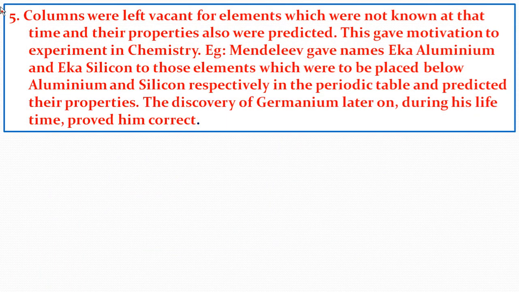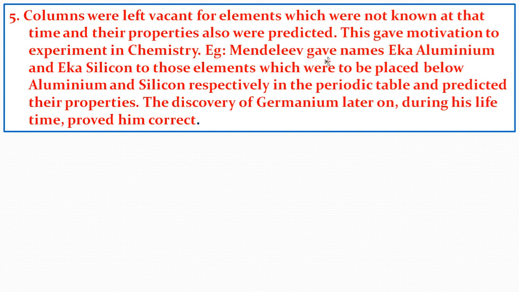Now come to the fifth one. Columns were left with vacant places for the elements which were not known at that time, and their properties also were predicted. This gave motivation to experiment in chemistry.